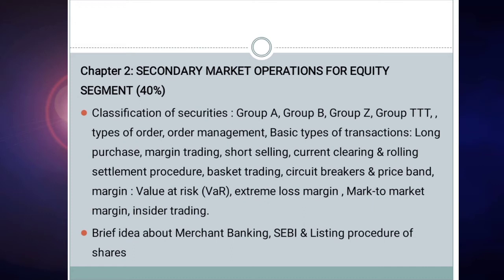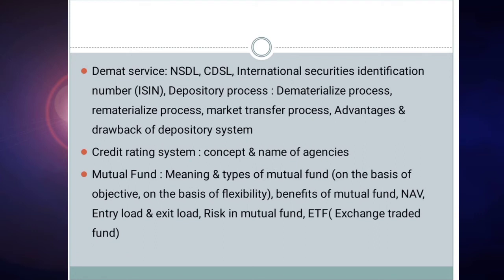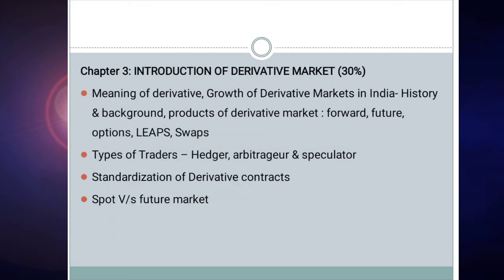Then a brief about merchant banking and listing procedures of shares prescribed by SEBI. Then Demat services, the depository process, its advantages and limitations. Then credit rating system. Then mutual funds, their various types, benefits and risks of mutual funds.